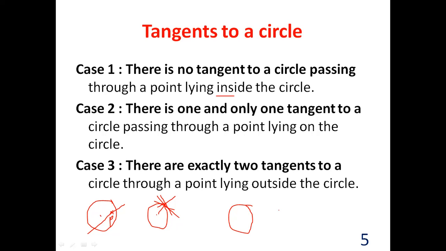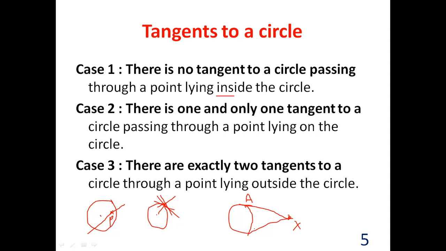The third case, circle and a point which is in the exterior, lying outside the circle, say it is x here, point x. Then from here we can have 2 tangents to the circle, say like this. One is this way, another is this way. See, 2 tangents we can draw.